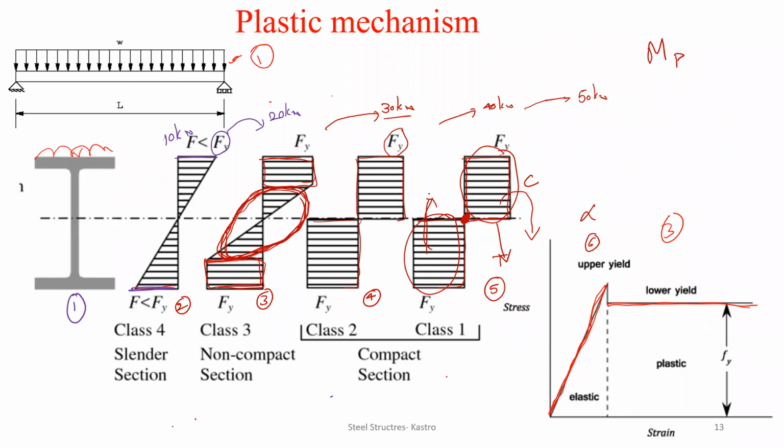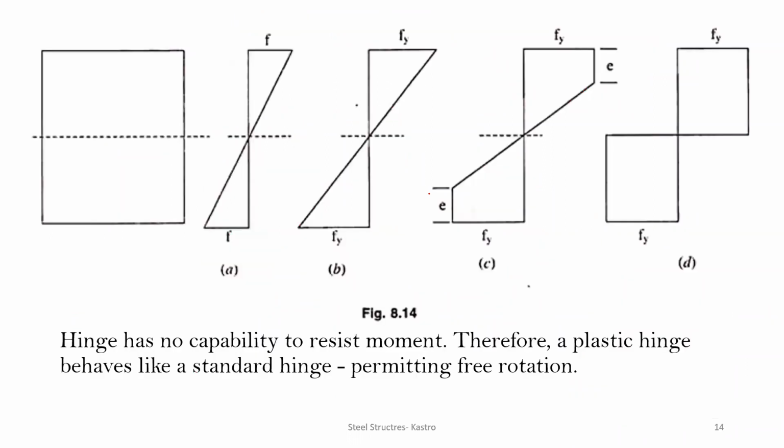Even after the formation of the plastic hinge, if you still try to apply the load, then the structure will fail. Just before the structure fails, the portion in the compression zone will shift to the tensile zone, and the portion in the tensile zone will shift into the compression zone, and then the failure happens. Once this shifting of compression and tensile zones happens, the next and immediate phase is the failure phase. I'll show that in a real-time example case.